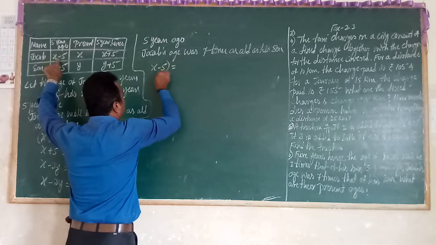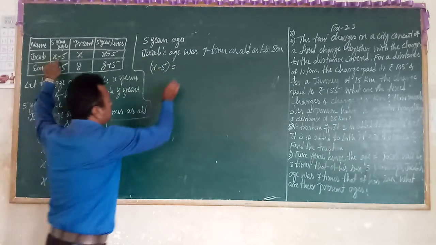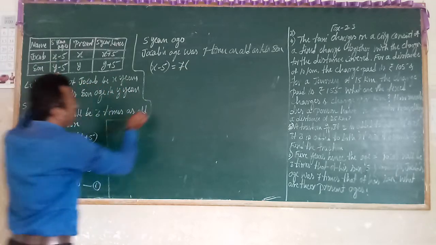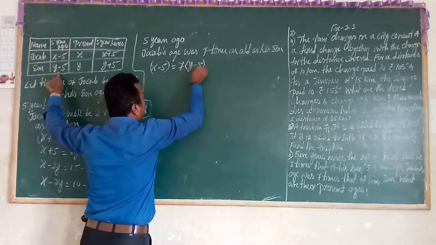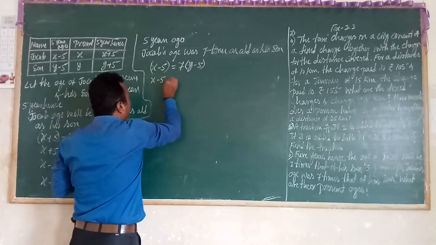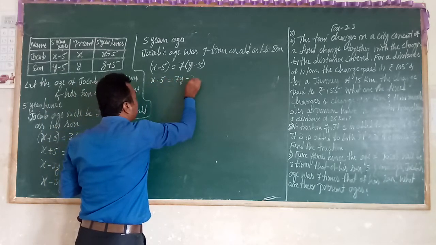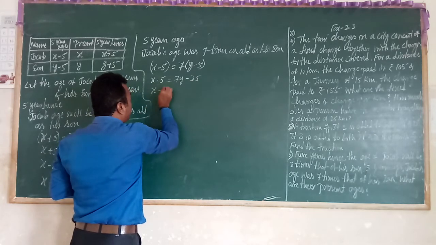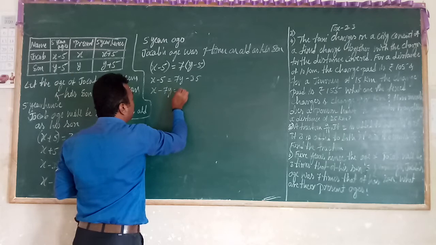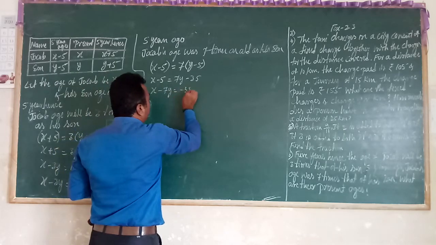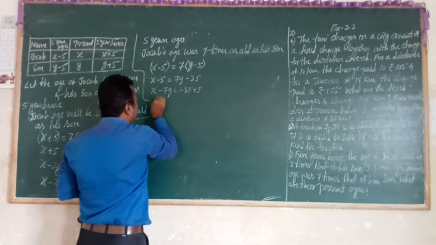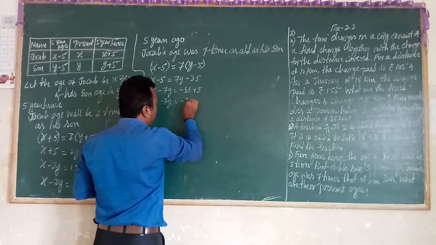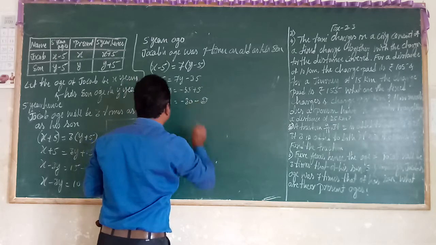Was means is equal to 7 times the son's age, y minus 5, 5 years ago. Now x minus 5 is equal to 7y minus 35. 7 fives are 35. So x stays here and it becomes minus 7y equals minus 35 plus 5. Therefore x minus 7y equals minus 30. Call it number 2.